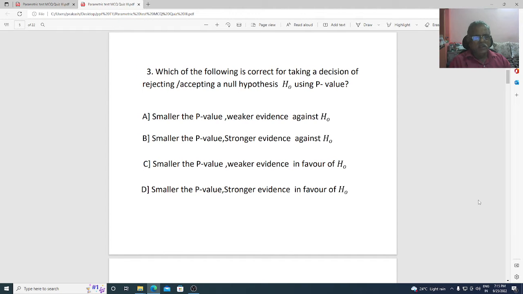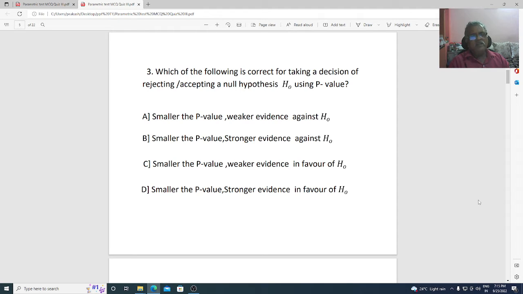Question number 3. Which of the following is correct for taking a decision of rejecting or accepting a null hypothesis H0 using p-value? Option A, smaller the p-value, weaker evidence against H0.